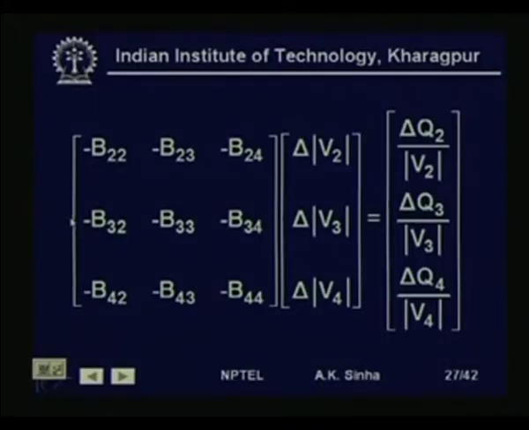Now, if we have any PV bus in the system, then the row and column for that bus will not be there in the matrix for this expression.